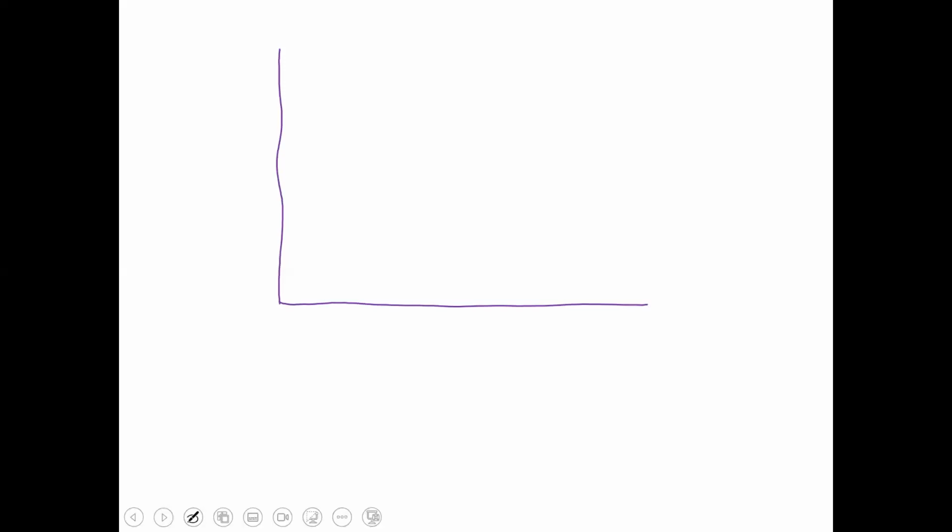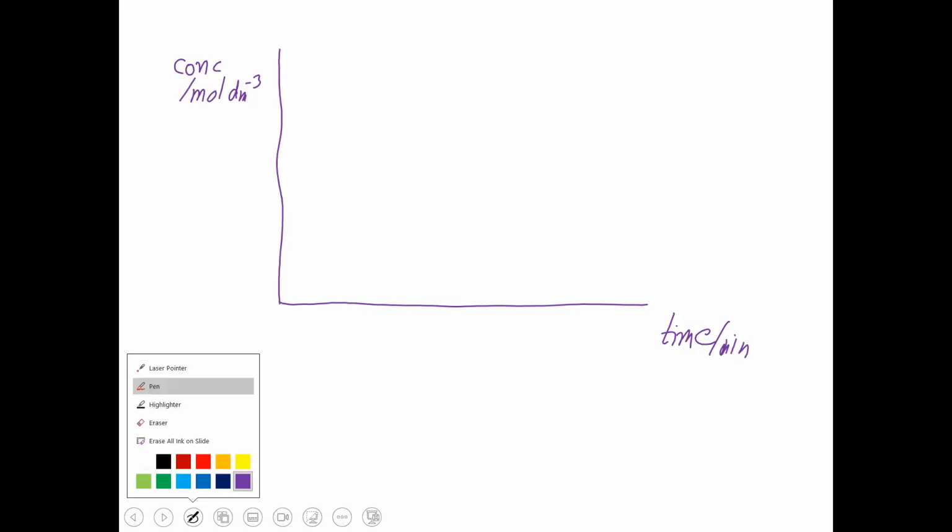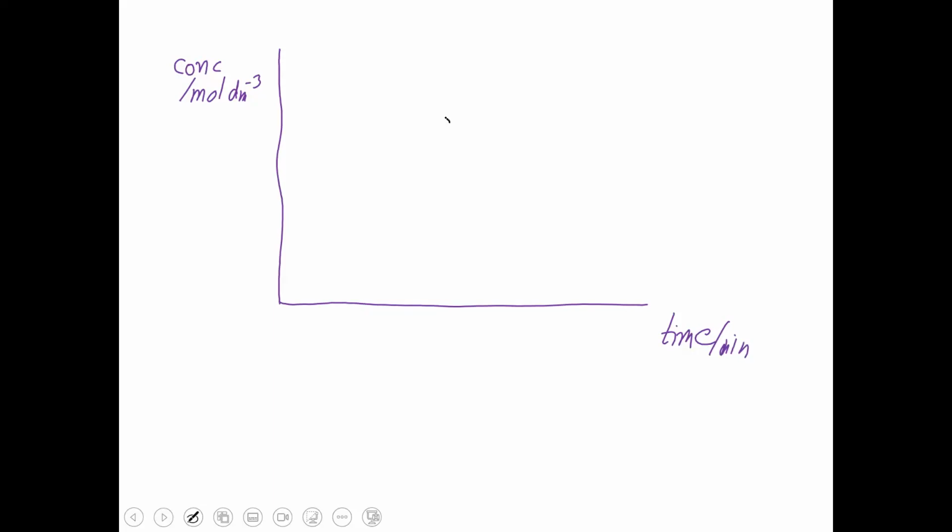So suppose that you put concentration on the y-axis and you put time on the x-axis. The graph always comes down. This is the property of first order reactions. The graph comes down like this, but it never touches the x-axis.